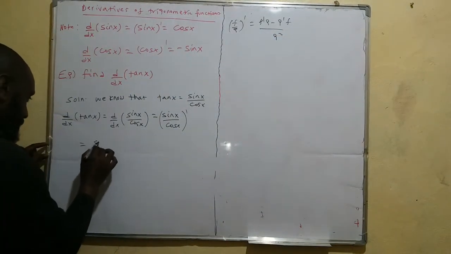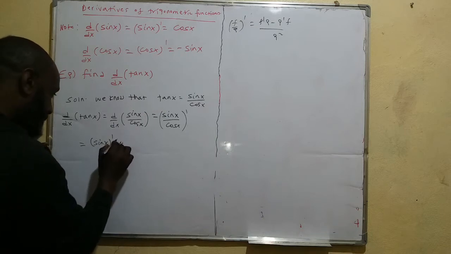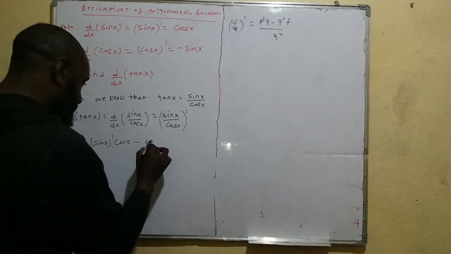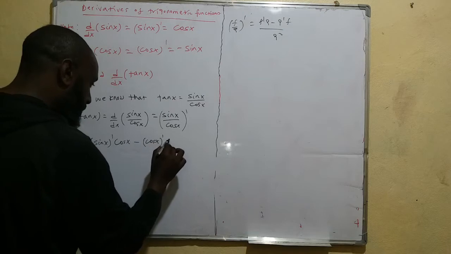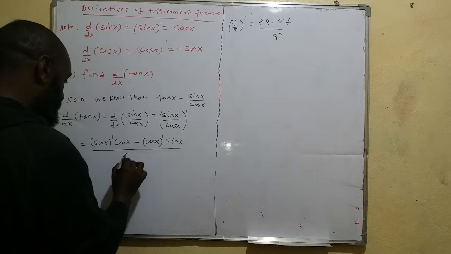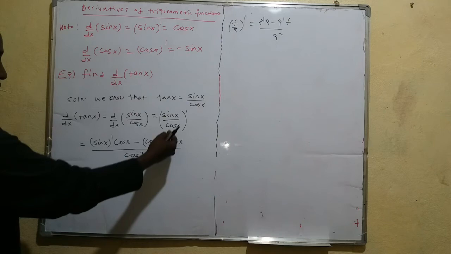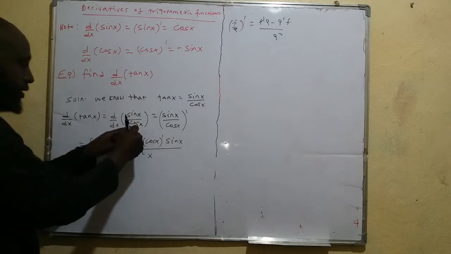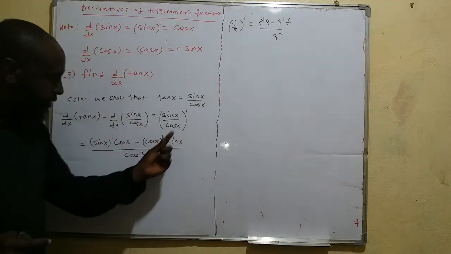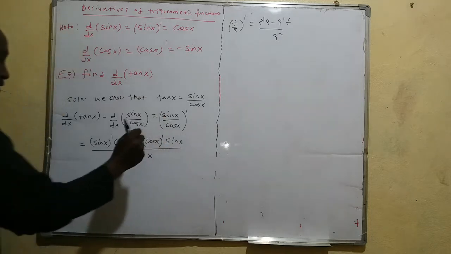So sin x derivative, this is cos x, minus cos x derivative times sin x, over cos square x. Derivate the denominator, multiply it with the numerator, which is not derivated.